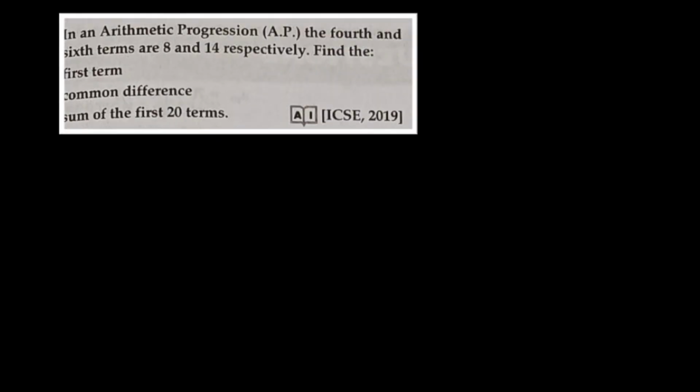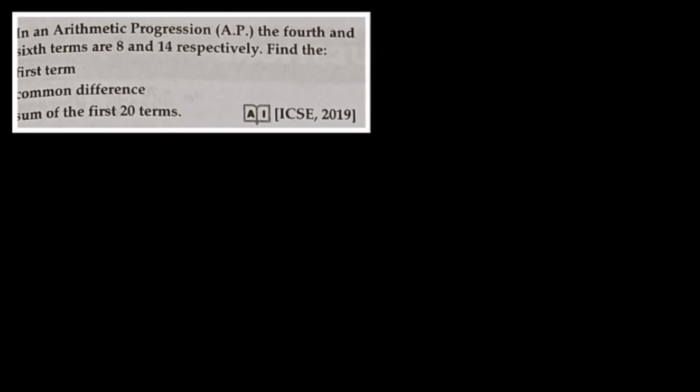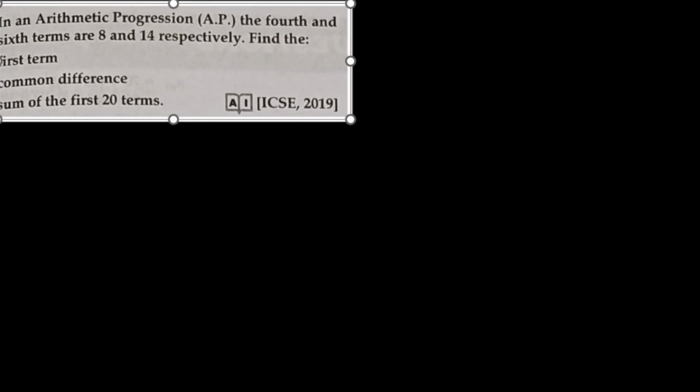This is the second last question. After this, one more question we'll do and we'll end this class. So in an arithmetic progression, fourth and sixth term. This is the same type of question which we have done so many times.